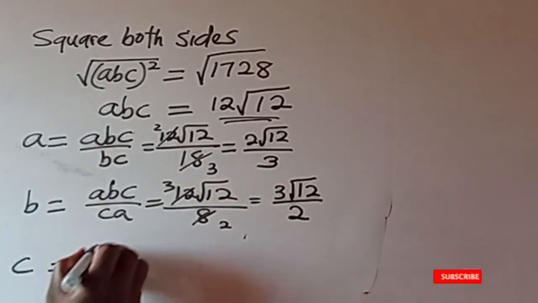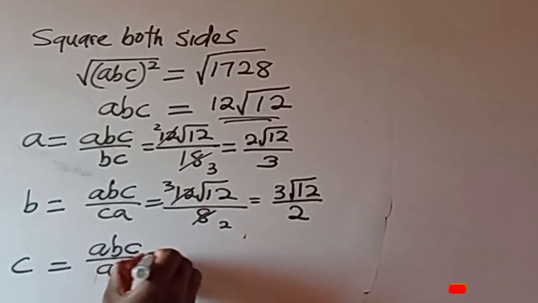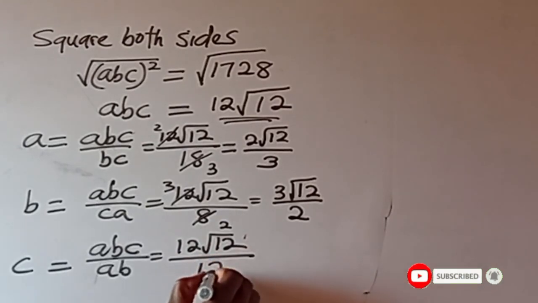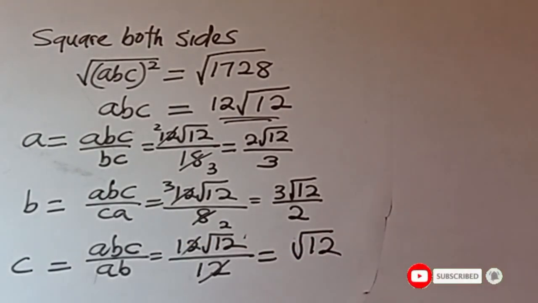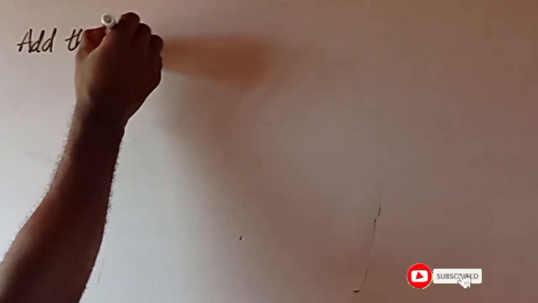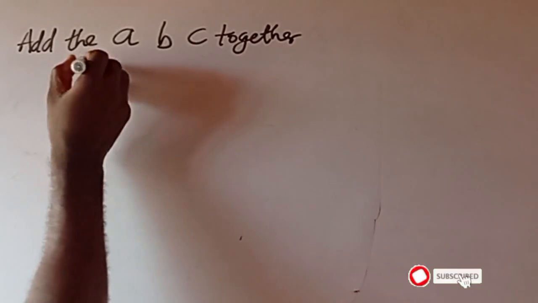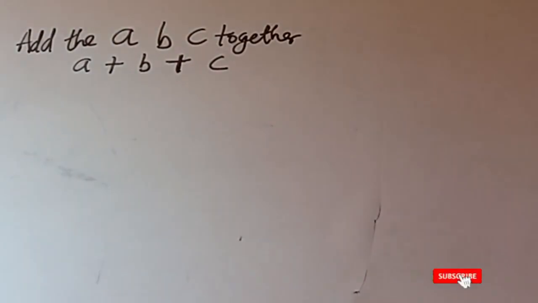Let's go to C. ABC over AB. Now, when you have this, you have 12 root 12 over 12. 12 cancel 12. So we have root 12. Now, we are going to add all the A, B, C together. Let's do it together. So we have A plus B plus C. What's our A?